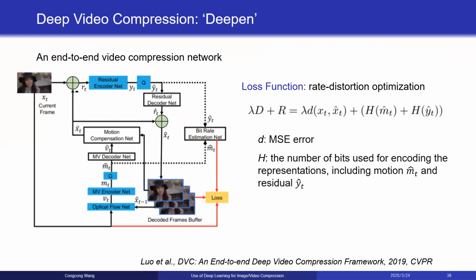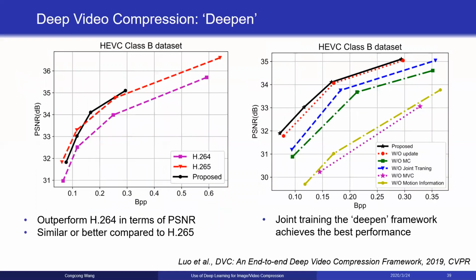The loss function of this kind of network includes the mean square error, the number of bits used for encoding the motion vector, and the difference. This deepened video coding method performs better than H.264, and it achieves comparable performance to H.265.